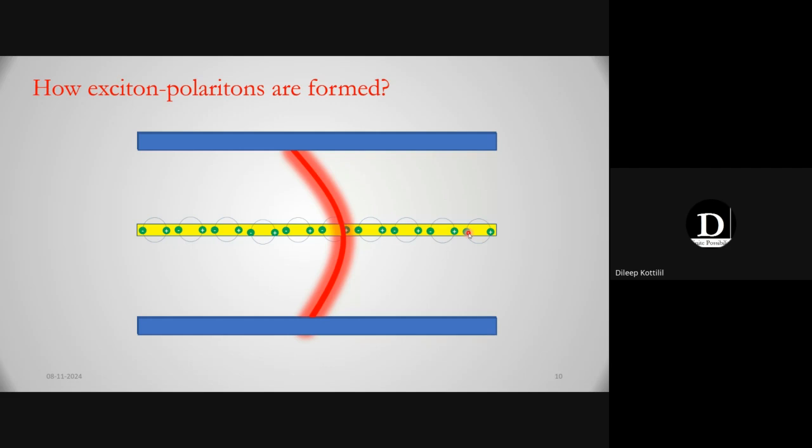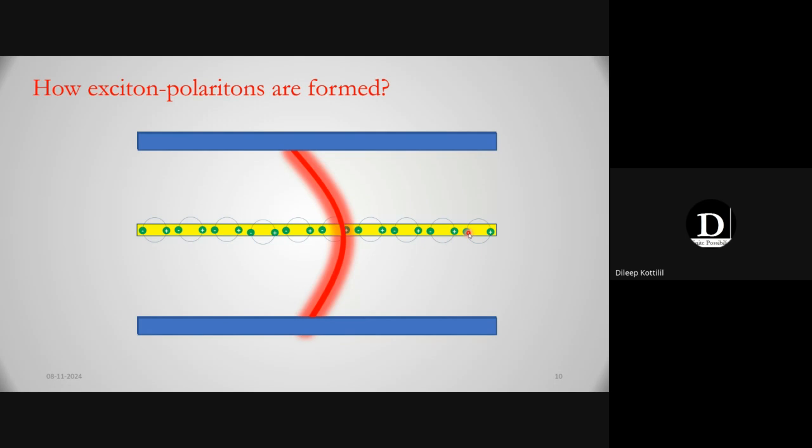But exciton-polaritons are a special type of hybrid particle, meaning these particles possess the characteristics of both a photon and a material particle, which could be an exciton in this case. It's a kind of double-faced particle. Sometimes it acts like a material particle, and sometimes it acts like a photon.